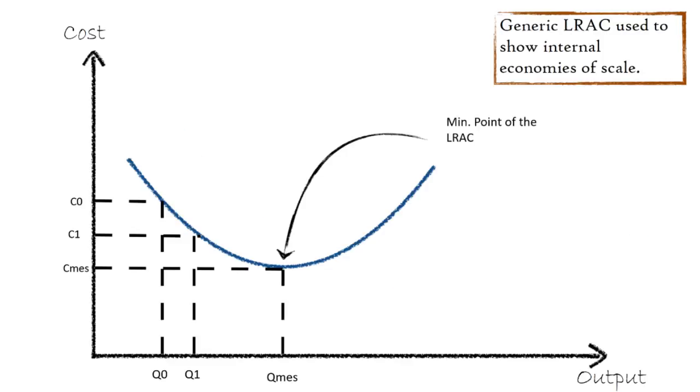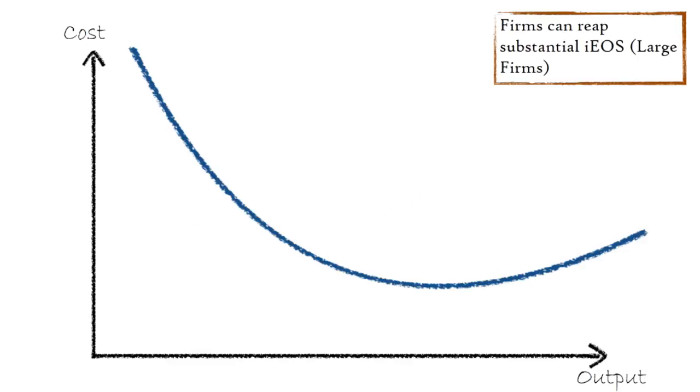Moving on to the other scenario of the large firm, whereby it can reap substantial internal economies of scale. We show that visually by making the graph look like this, whereby the LRAC is kind of tilted to the right and your QMES is tilted to the right.